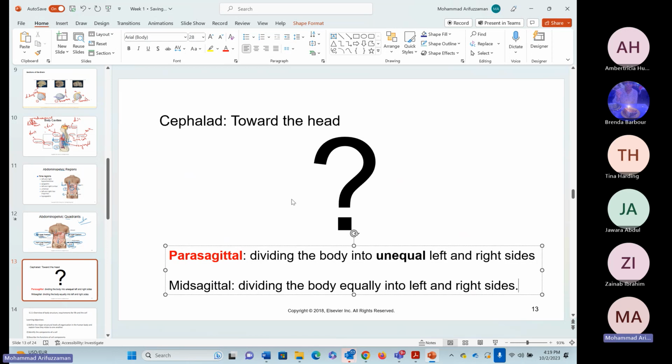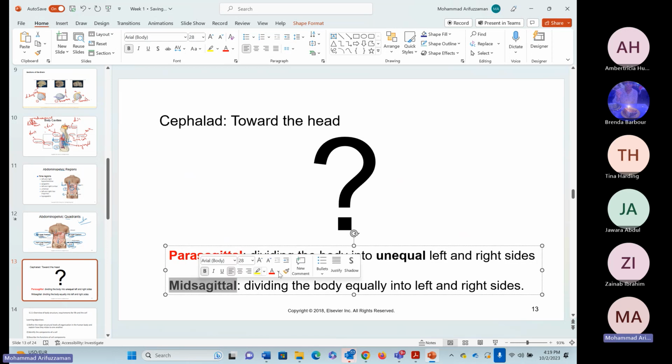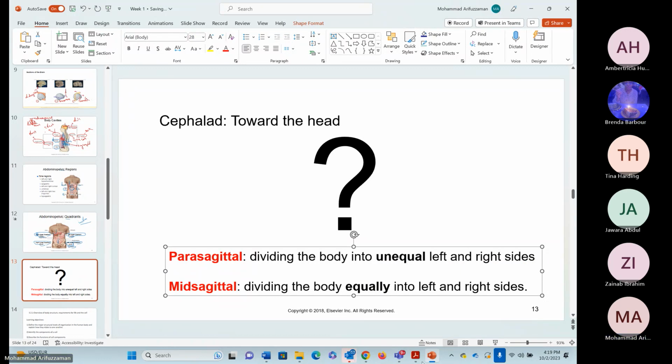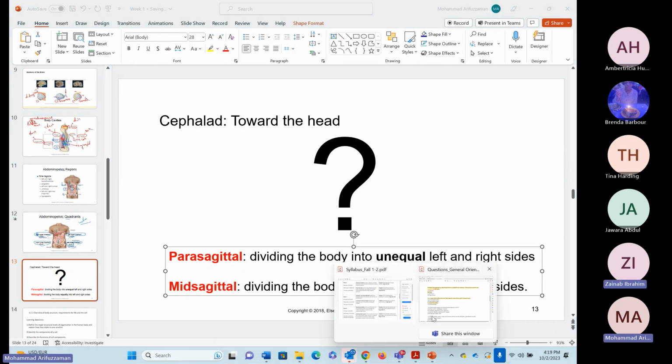Is the difference between parasagittal and midsagittal clear? Midsagittal is equal, and parasagittal is unequal. Okay, good.